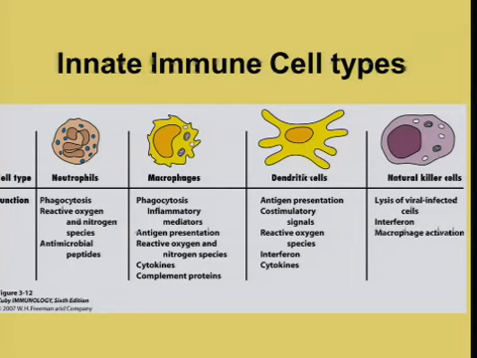Now these are the cells that are involved in an innate immune response. Some of them are actually involved in both innate as well as acquired. But basically you have neutrophils. Think of them as the Marines of the immune army. They're the first wave of soldiers to the site. And many times they act as kamikaze soldiers.